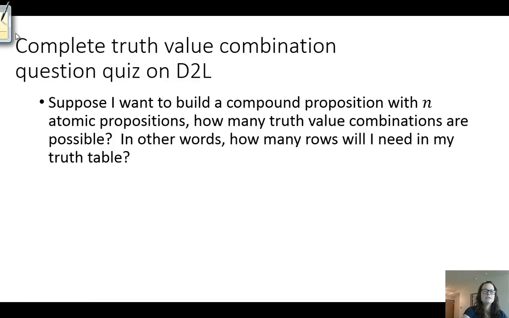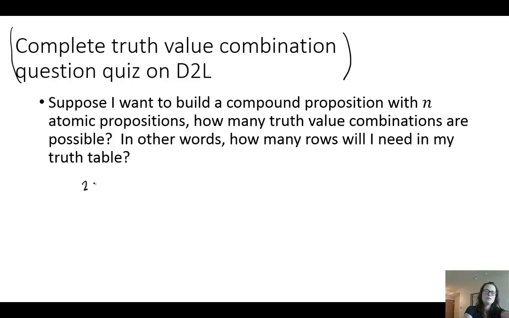And just one question for this video on D2L. I want to know how many rows I need, depending on the number of atomic propositions that I have. So remember, if I had 2 atomic propositions, like P and Q, usually what we dealt with, then I had 4 rows. I had 4 truth value combinations. Let me write this down.